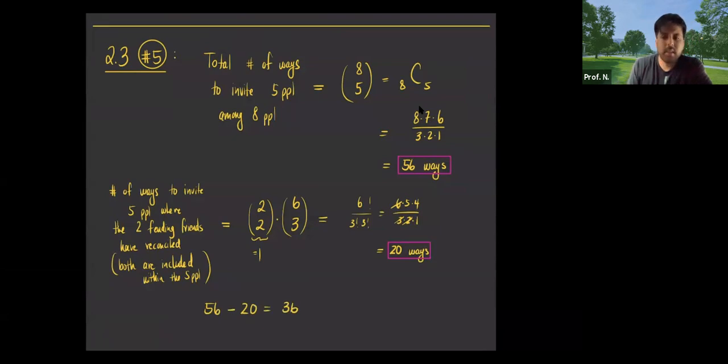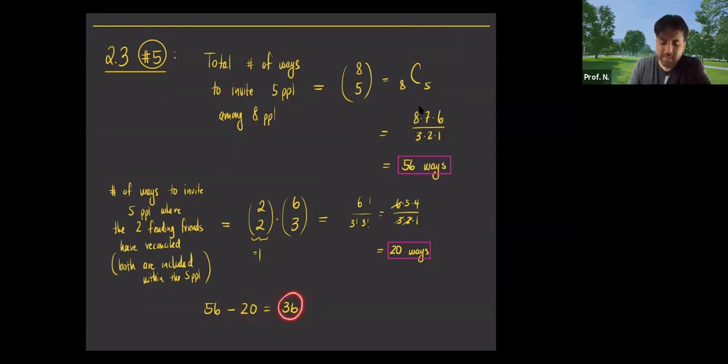So is that enough? The number of ways that I can have a group of 5 people where 2 of the people can't be together, right? They can't be together. So I found the ways that they can be together, definitely 20 different ways. If I subtract the 20 from the 56 total ways, I'm left with 36.